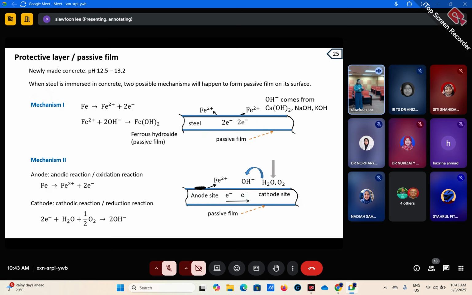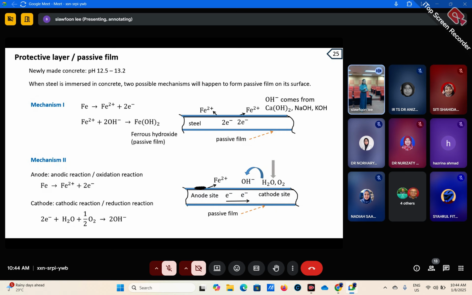So this is the reason two mechanisms happen inside the concrete. Mechanism one is, because you know the concrete is a bit wet, there is a very small layer of solution on top of the steel surface.